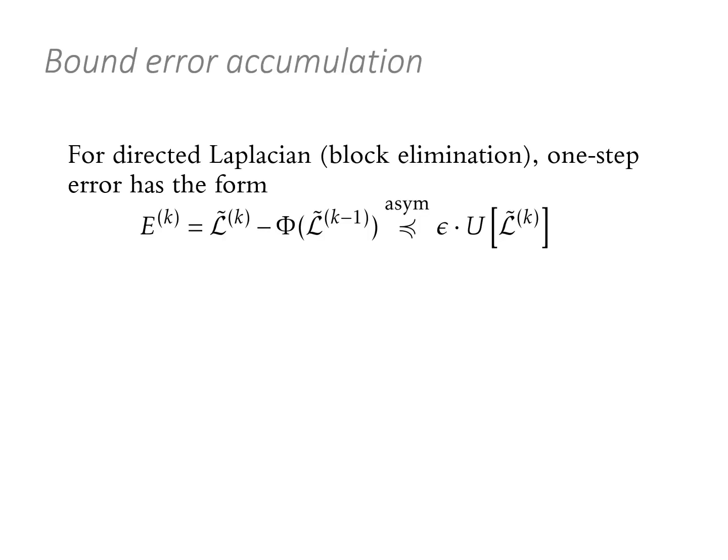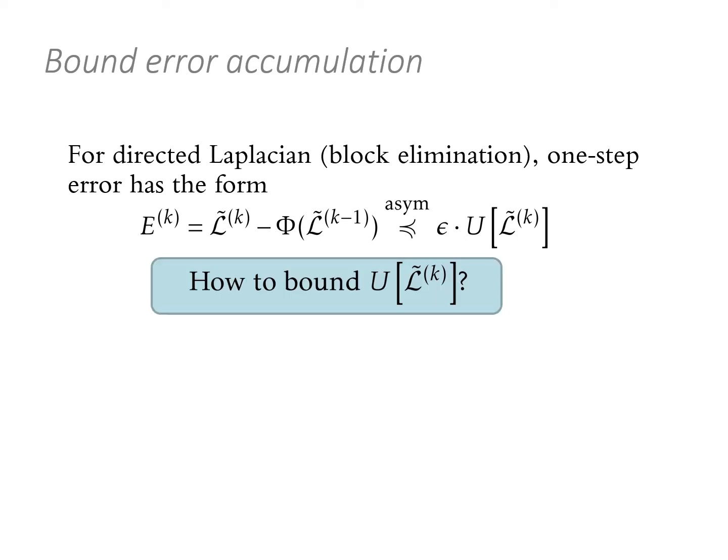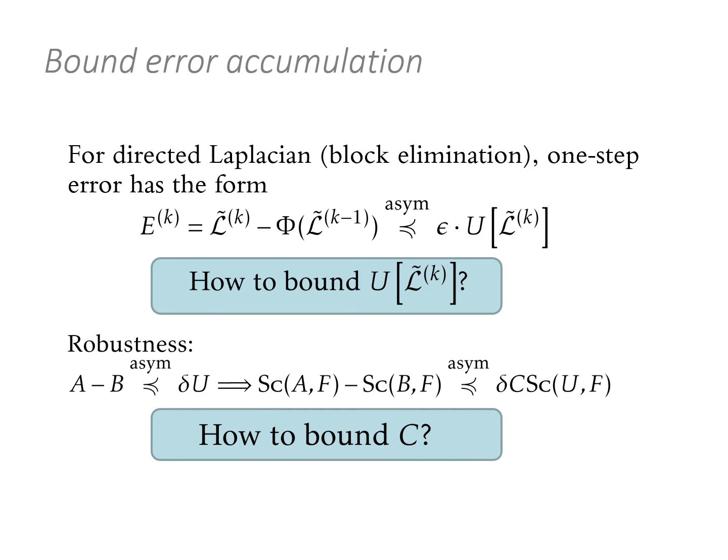Let's discuss how to bound error accumulation in sparsified block elimination. We start from one-step error analysis. It has this form, and its right-hand side is the symmetrization of the approximation for the partially eliminated Laplacian. So the first problem is how to bound this matrix. The second problem is about the robustness of Schur complement. In other words, under what conditions are Schur complements robust?